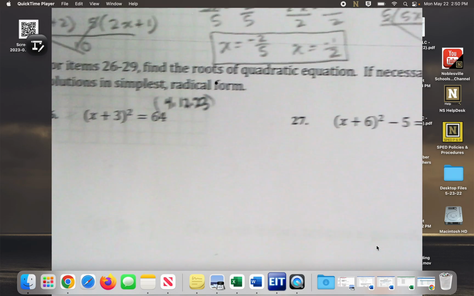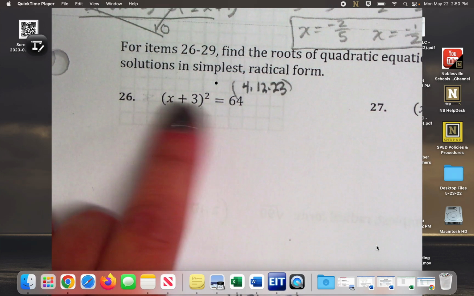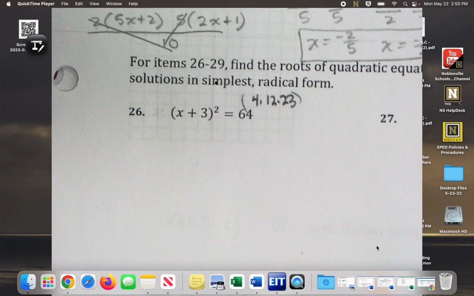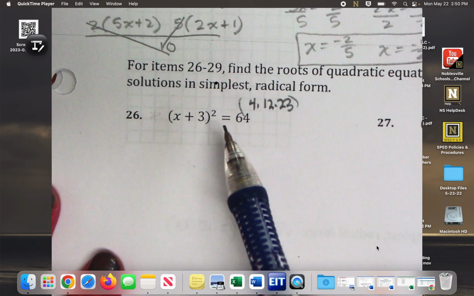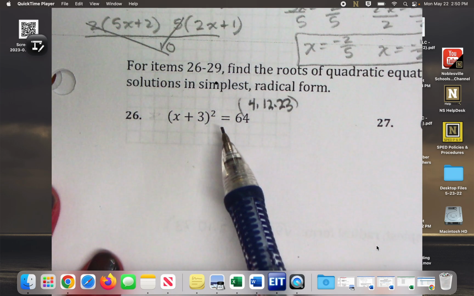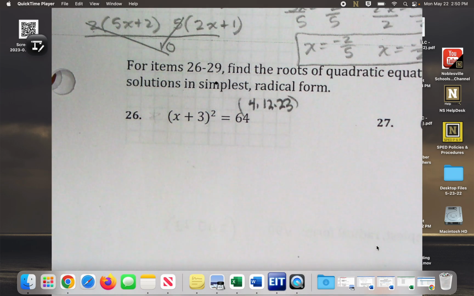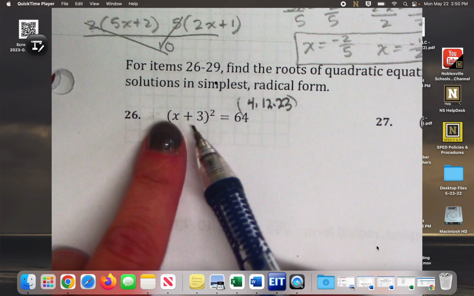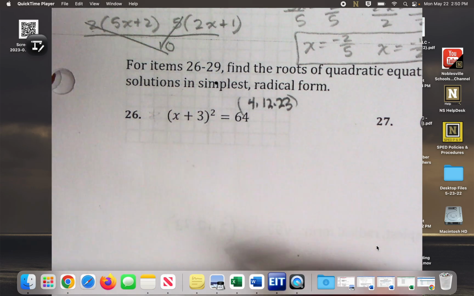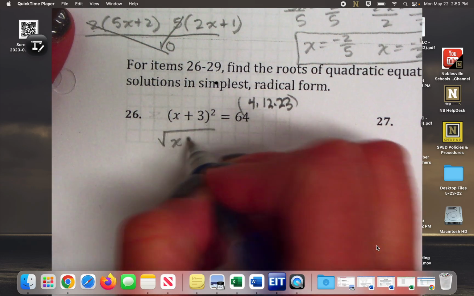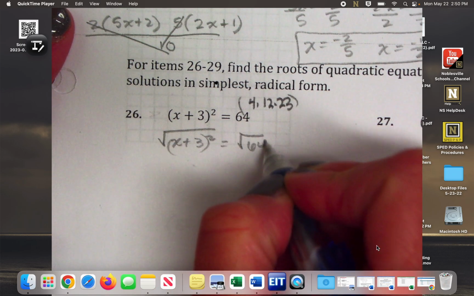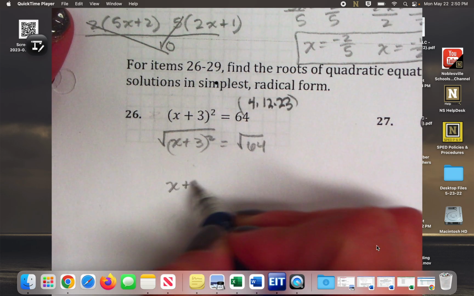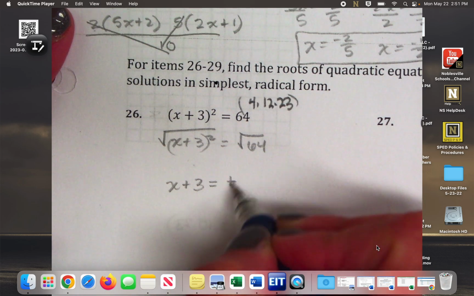Okay, let's keep working through this. Number 26. Notice that there's a square root, there's a squared here. So we're going to take the square root of (x plus 3) squared and the square root of 64. So you're going to get x plus 3 equals plus or minus 8.